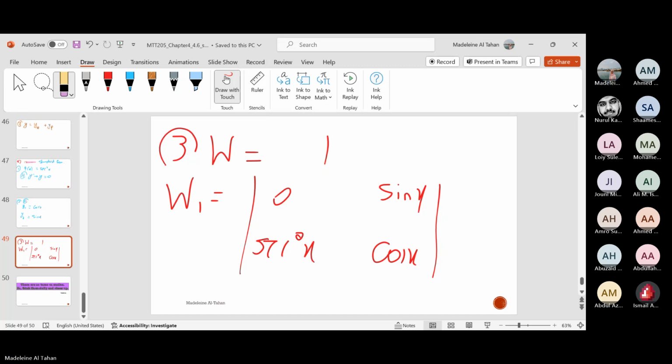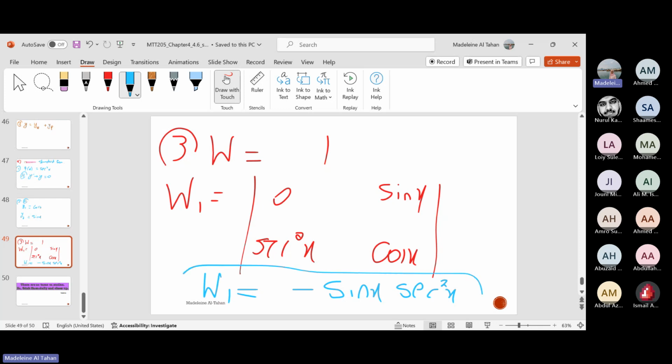This is W1, and what will we get in W1, miss? Minus sine x secant square x. So this is W1.